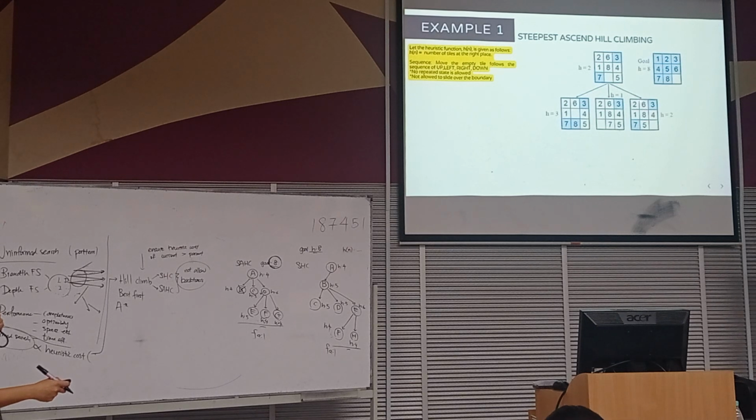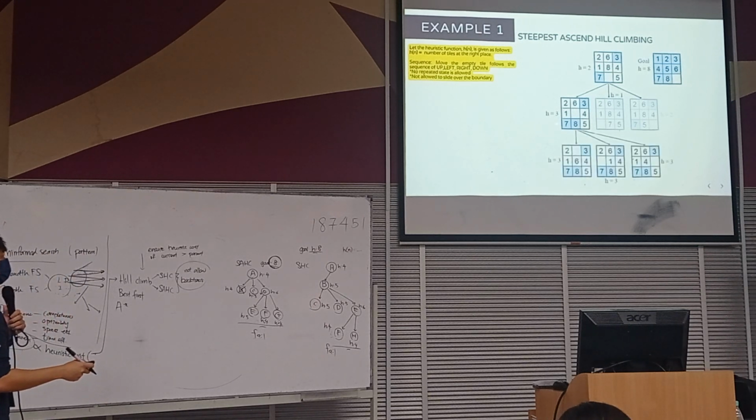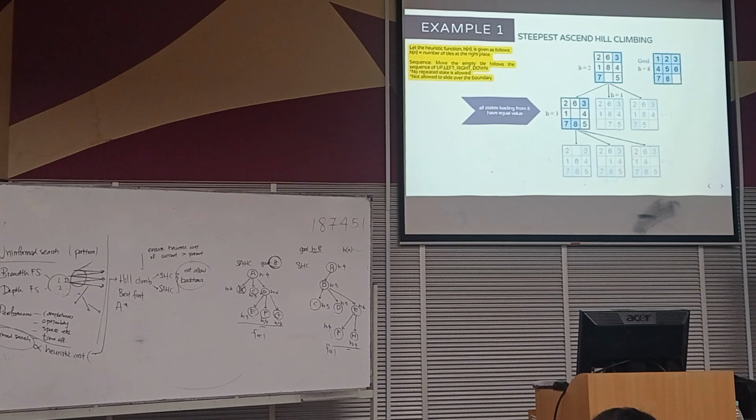Compare: which one is better than the current state? Obviously, only the first one. So we expand the first node. There are 3 possible actions here where you can move left, right, and up. So you have another 3 successors. Find out their heuristic cost. 3, 3, 3 again is equal to the parent node. Fail. I'm not allowed to return.